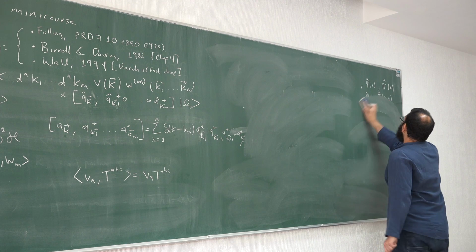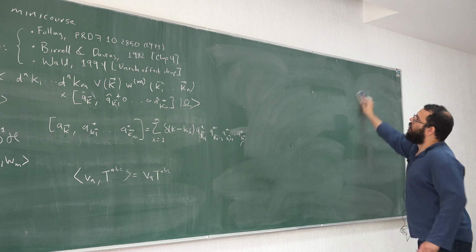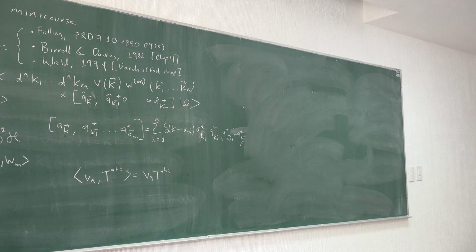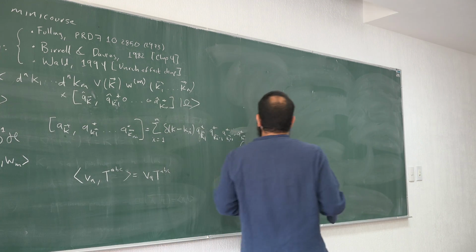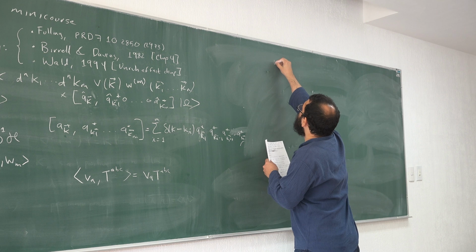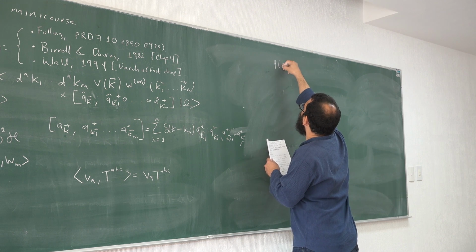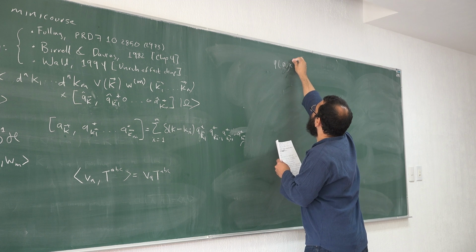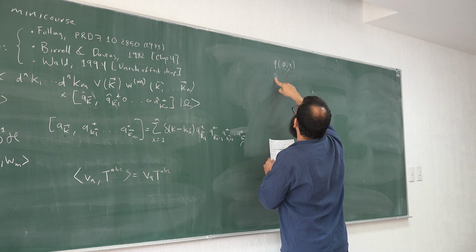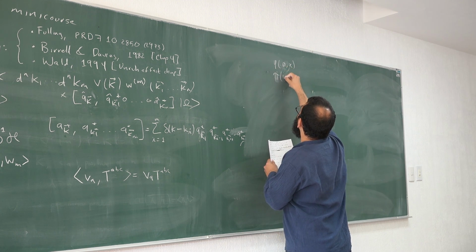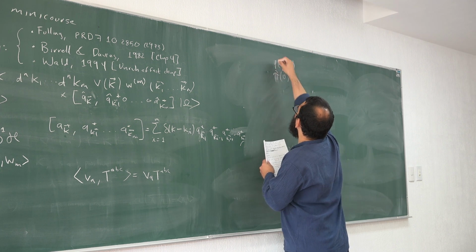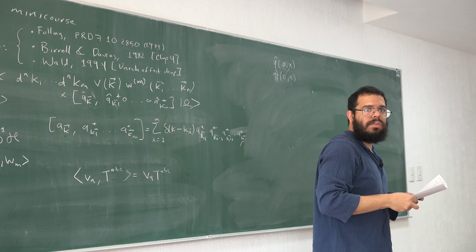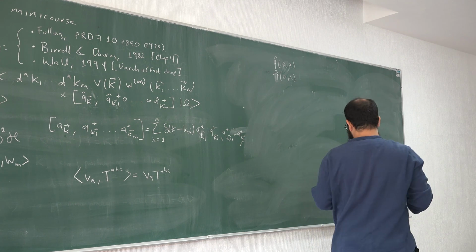I want to tell you what the Hamiltonian of the theory is and what it does. Of course. So remember we have these operators, let me call them phi(0,x) and pi(0,x), which are the 3-momentum and 3-field.